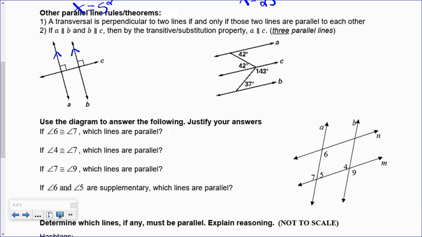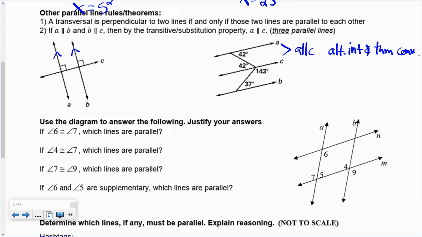Okay? So, can anybody tell me why A and C would be parallel? Just those two. Because alternate interior, because of the alternate interior angle theorem converse.